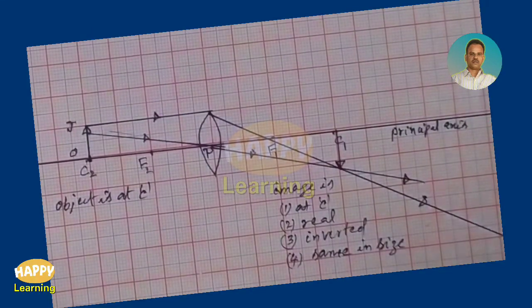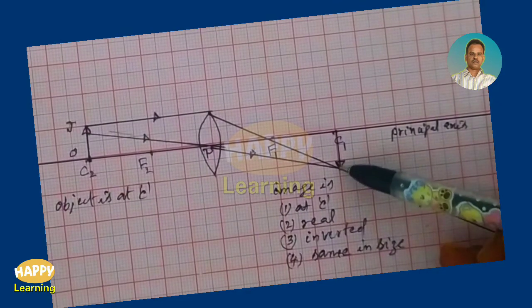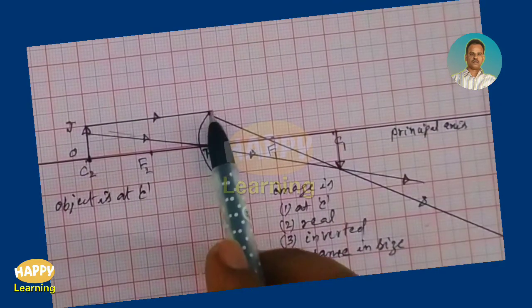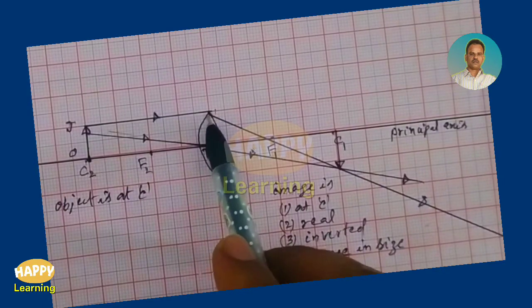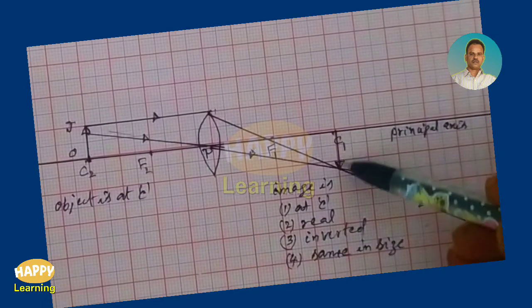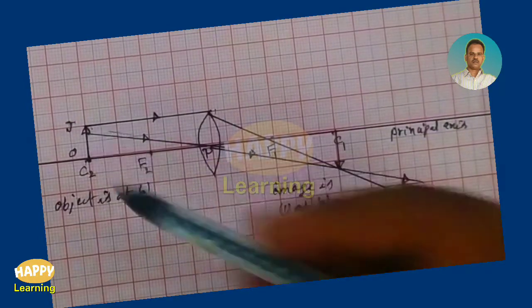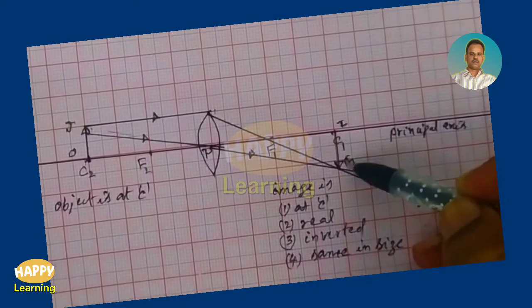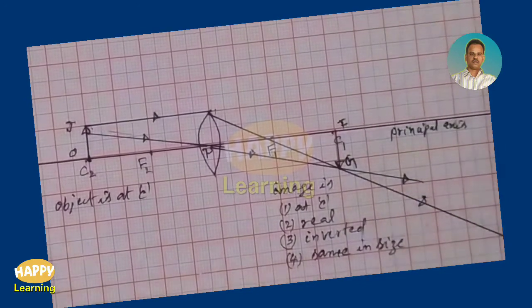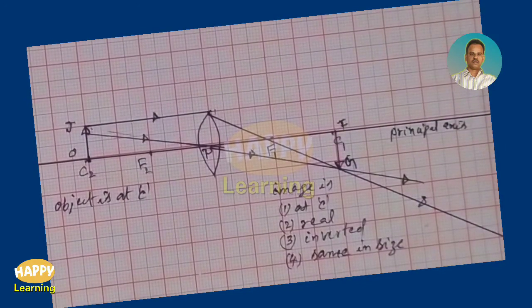It appears slightly bigger because some error is there while drawing this line, so actually this should be equal to this one. So object and image are equal in size.